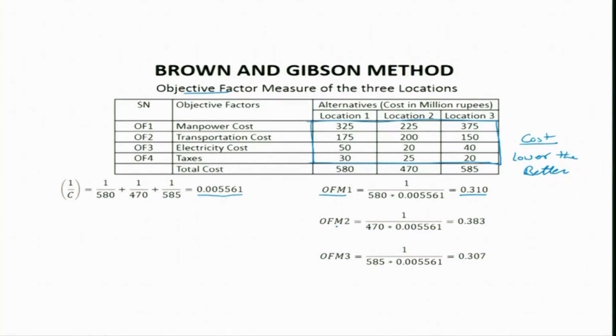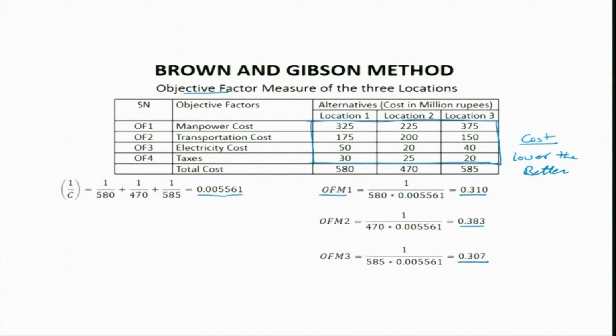Similarly, for location 2, 1 by 470 into this factor, that is 0.383, and for location 3, 1 by 580 into this, we get the objective factor measure for location 3 as 0.307. So, we will reproduce these 3 numbers again.